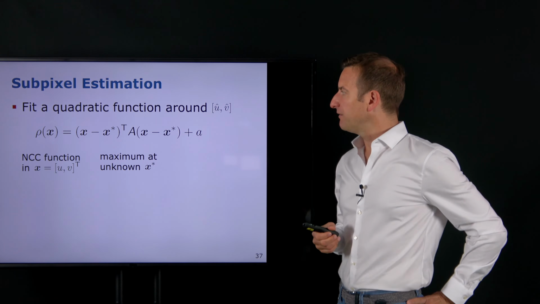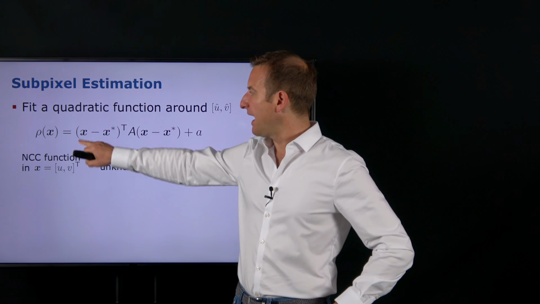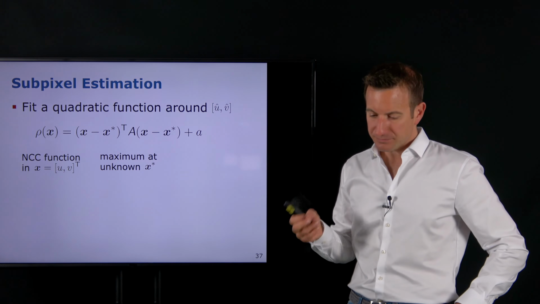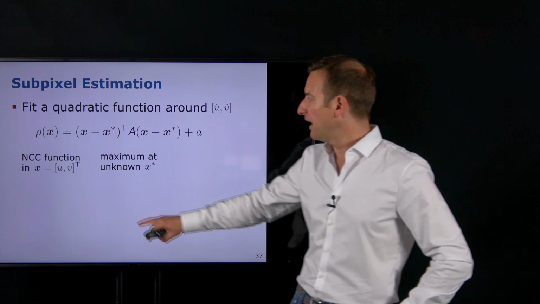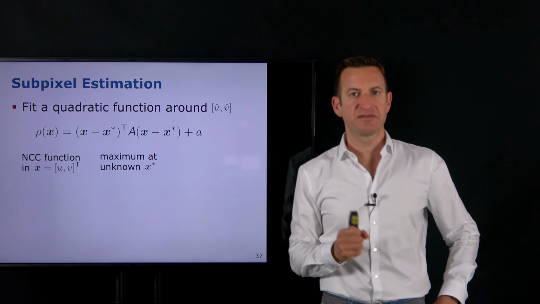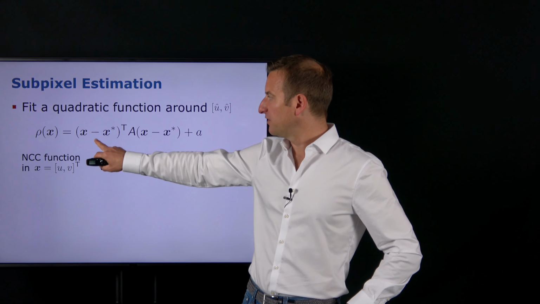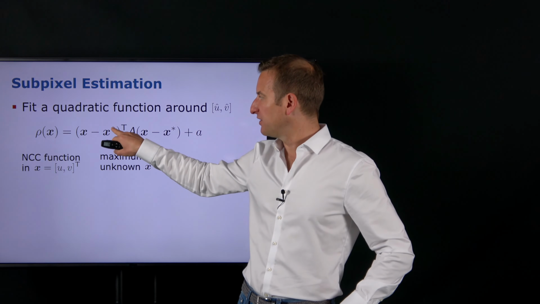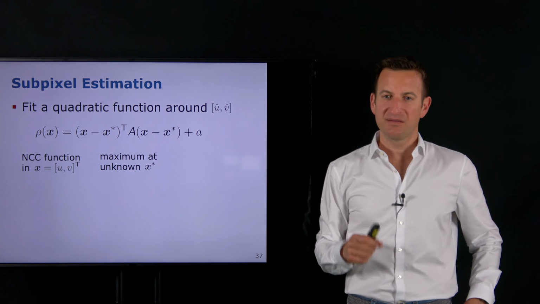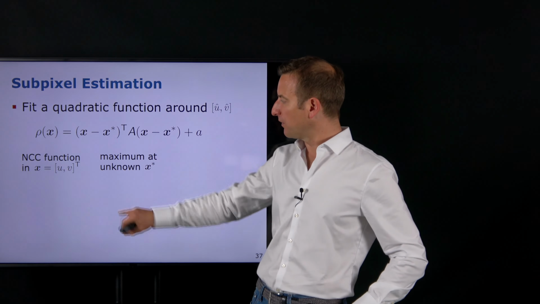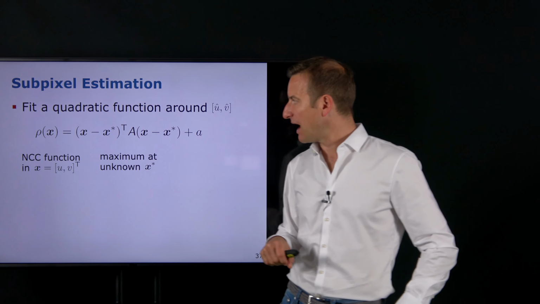area. And if you have a quadratic function, you say, okay, x is our function, our offset, and x star is this unknown maximum that I want to determine. So we want to actually find x star, that's what we want to have. Let's assume we know it for the moment, and this is our unknown maximum value.